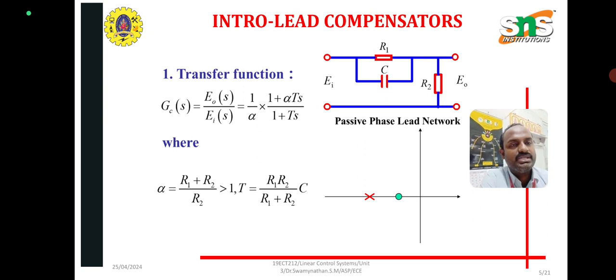Look at R1 and R2 in series, and R1 in parallel with the capacitor C. Then you can get the transfer function Gc(s), that is output Eo(s) divided by input Ei(s), equal to 1 by alpha into (1 plus alpha Ts) divided by (1 plus Ts), where alpha is (R1 plus R2) divided by R2, which is greater than 1, and T is R1 R2 divided by (R1 plus R2), times C. Look at these poles and zeros. A cross symbol, X, is called a pole, and a round symbol is called a zero.